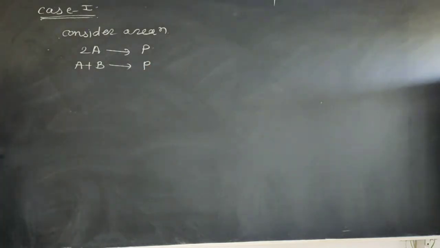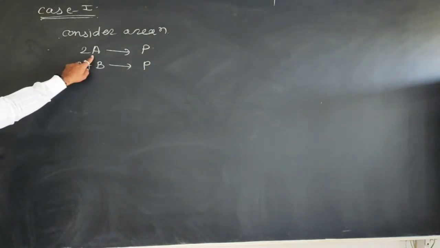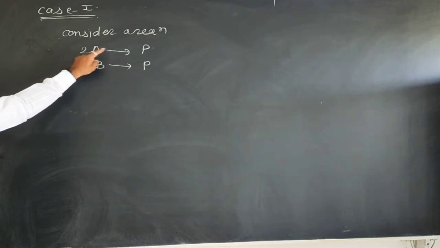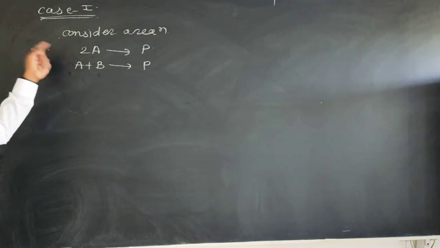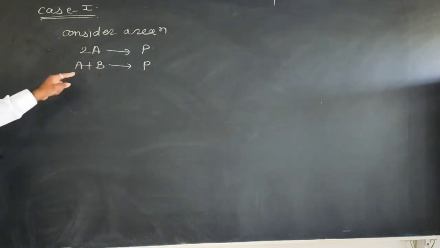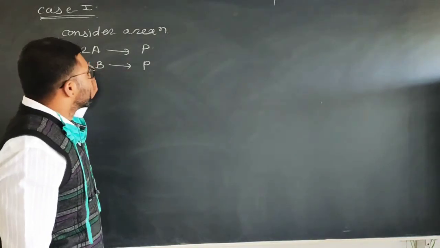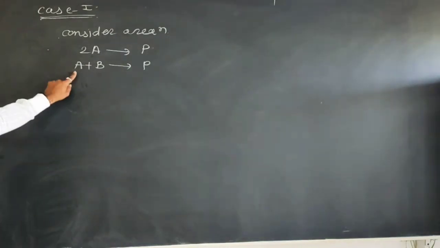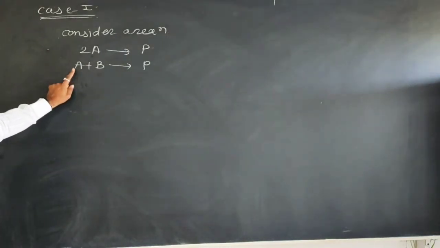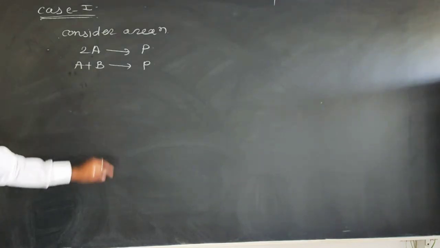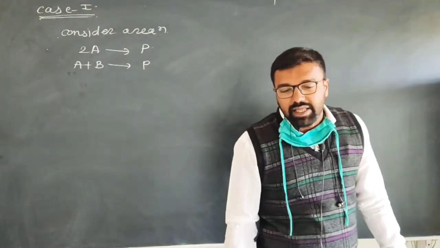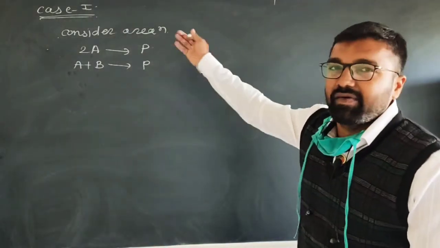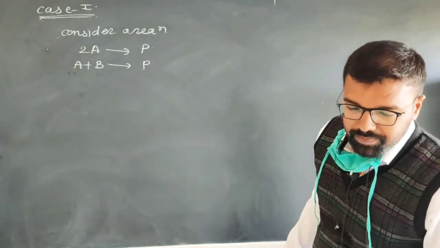Any reaction is considered, because if the same type of reactant is taken, then 2A gives product, and if two different reactants are taken with equal initial concentration, then this is also a second order reaction. Suppose the concentration of reactant A is equal to small a and the concentration of reactant B is equal to small a, that is equal initial concentration, then one and the same derivation will be derived for both.